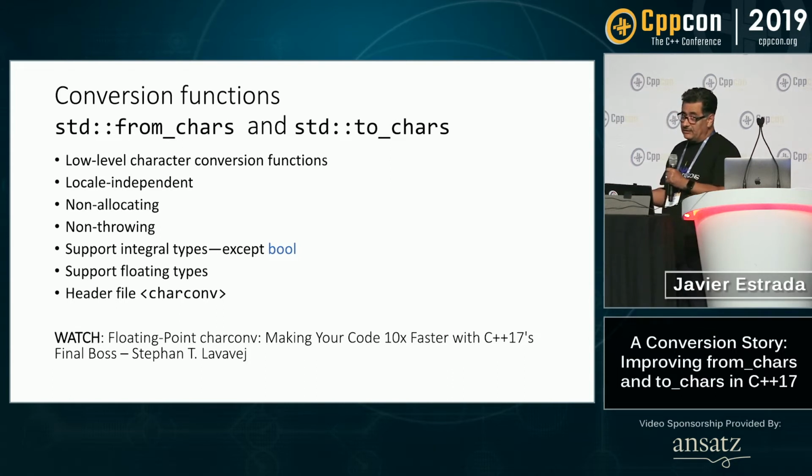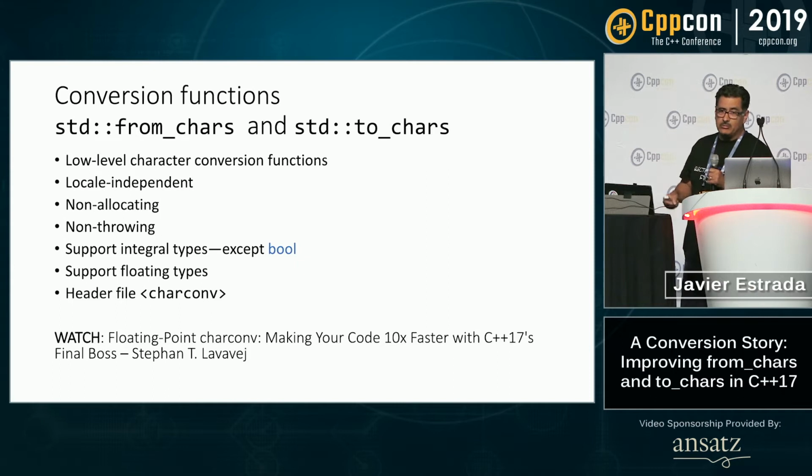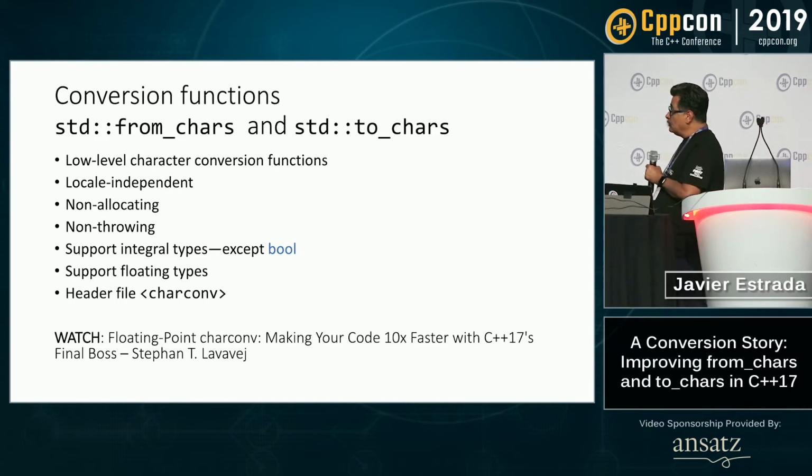Non-throwing, because you do the allocation, so you don't have to be worried about a bad alloc. And they support integral types and char, except Boolean. That's important. I will make a comment at the end about conversion to bool. They also support floating types, and they are in the charconv header file.